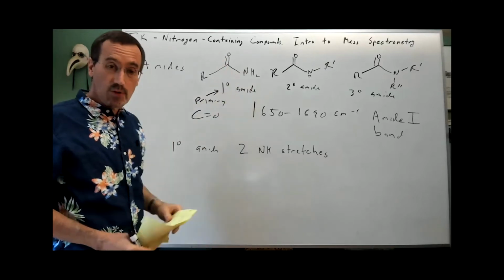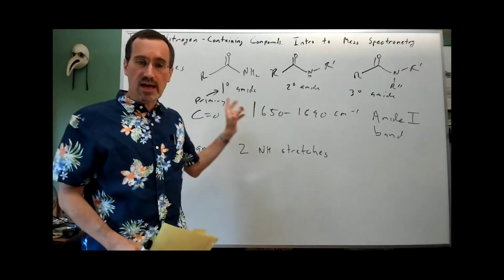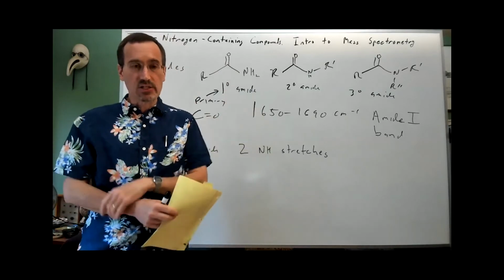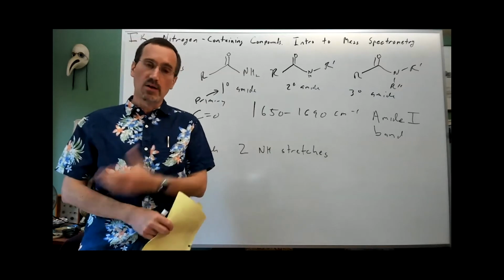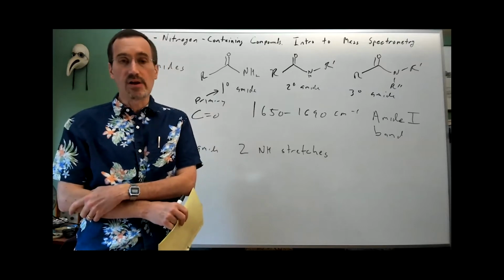There's 2 hydrogens attached to the nitrogen. 2 hydrogens, okay, that's part of it. But what specifically do we know about when we have 2 groups attached to the same atom or nearby? We saw this, for example, with methylene groups, and we also saw it in acid anhydrides. Symmetric and asymmetric.